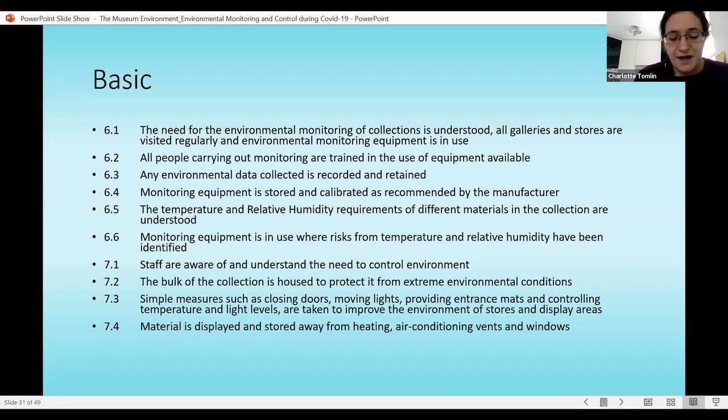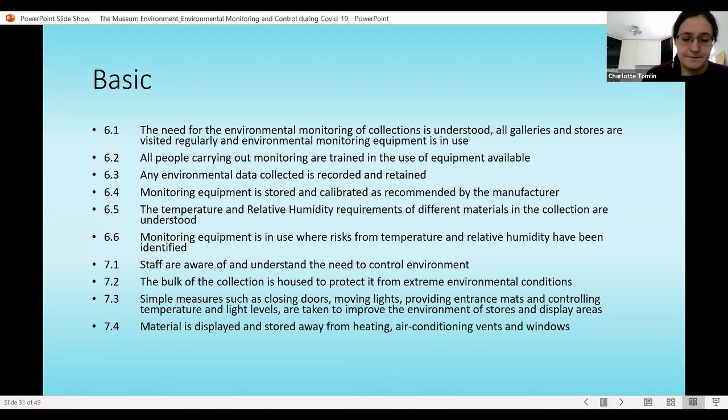Don't worry, I won't mention all of the benchmarks applicable, but I will highlight a few across the basic, good and best categories for monitoring and control that relate to the issues that we have talked about today and show how they may be of use to guide the improvement of collection care practices at your museum.